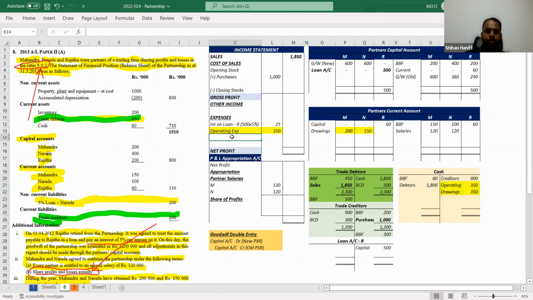So expense, interest on loan. 5% into 5% is 10. That is payable. Interest on loan.